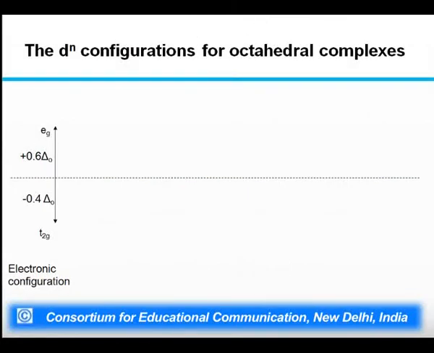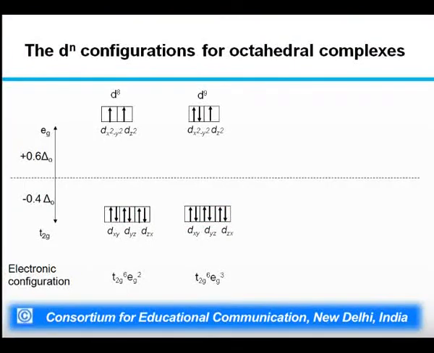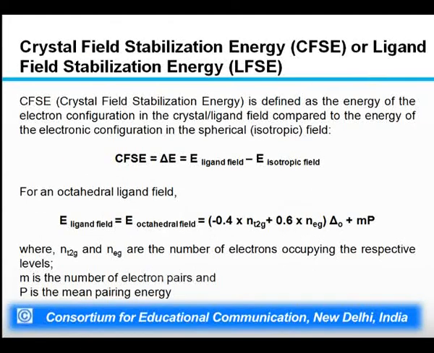Now, for D8, D9 and D10, there is only one electronic arrangement that is possible. So, D8 would be T2G6 Eg2, D9 would be T2G6 Eg3 and D10 would be T2G6 Eg4. So, the entry or the splitting of the electron into the d orbitals basically lowers the energy of the system.